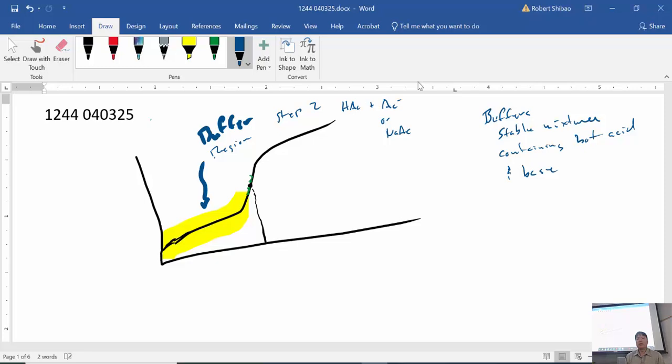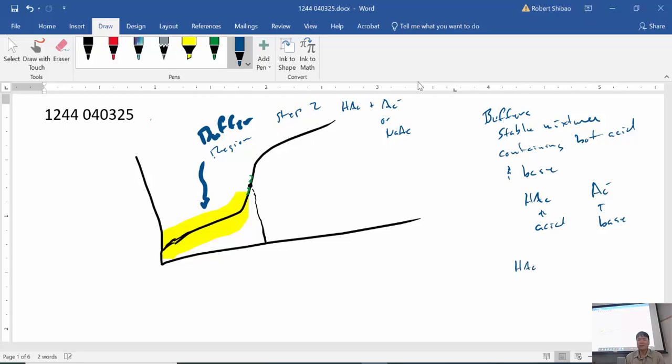So, for example, here we have our acetic acid, which is an acid, but acetate is not neutral. Acetate is a base. And they're both present because they don't neutralize each other.